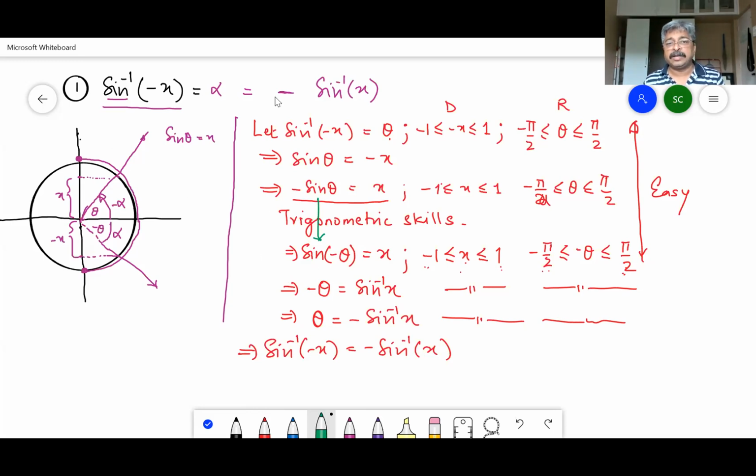Geometrically it is quick, algebraically it is involved, but algebraically also you need to know how to do it, and you should be able to do it without any error. Okay, shall I give you the next?